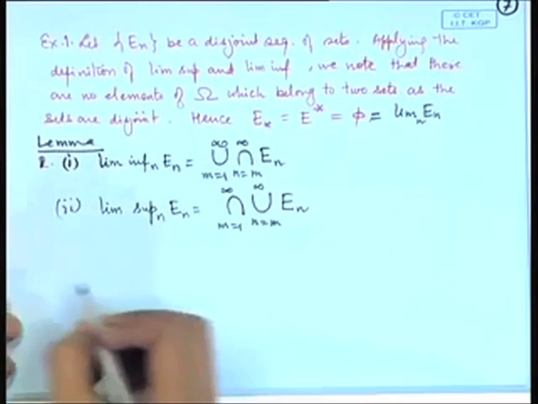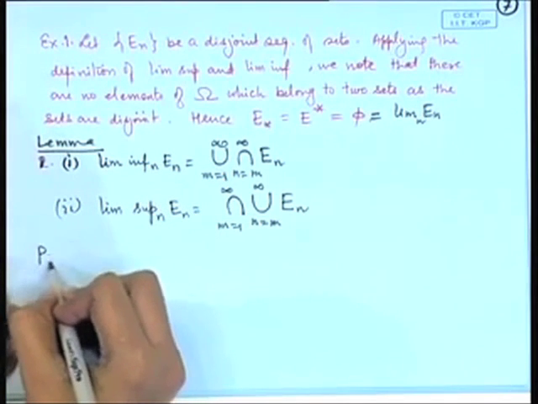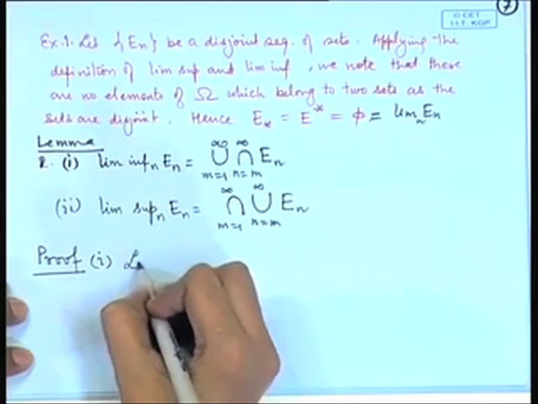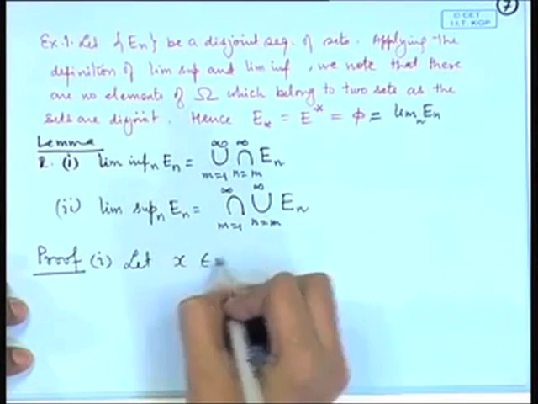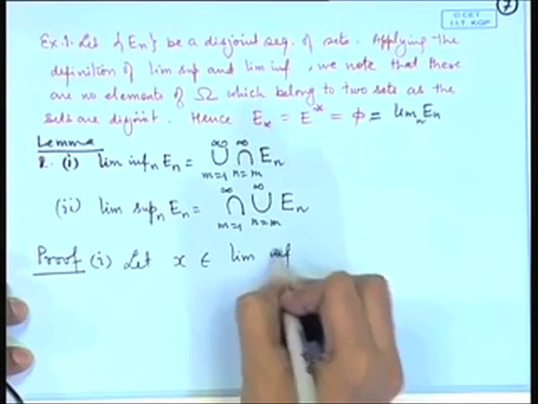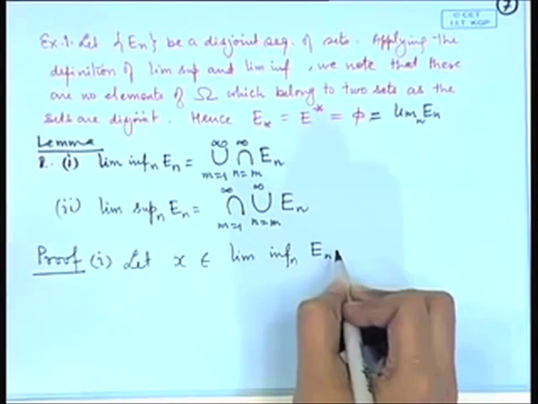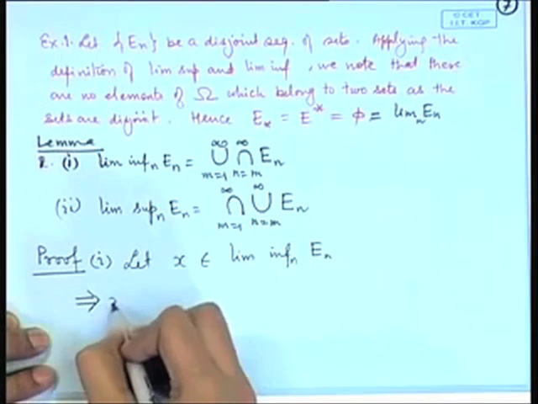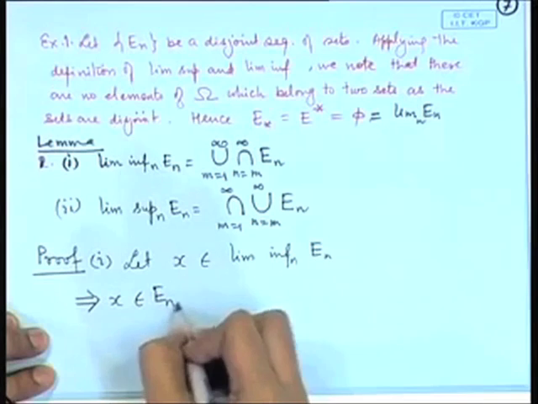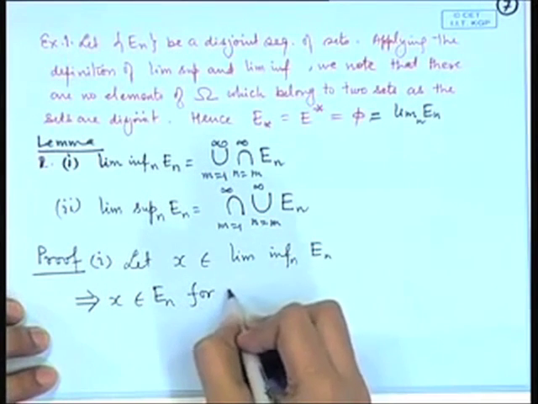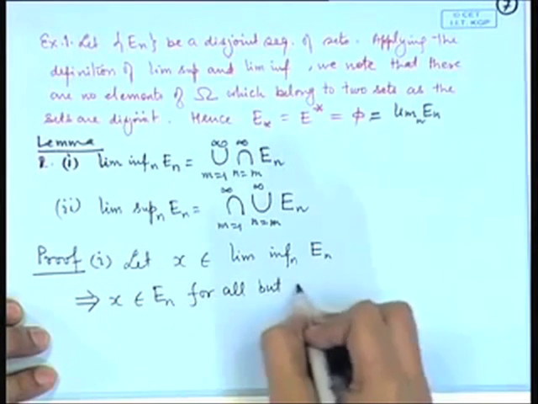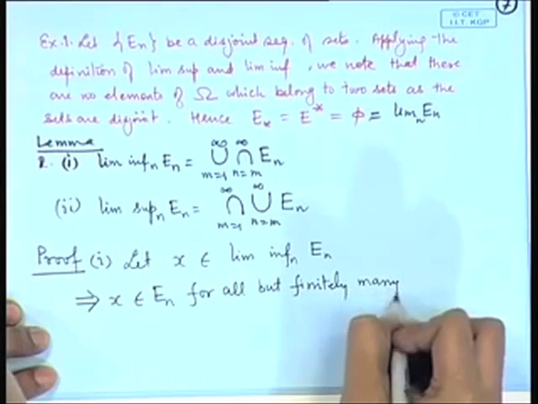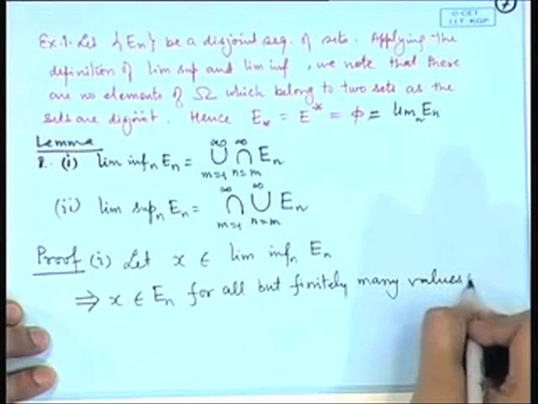To prove these statements, let us take the first case. Consider a point x belonging to limit inferior of En. By definition of the limit inferior, it implies that x belongs to En for all but finitely many values of n.